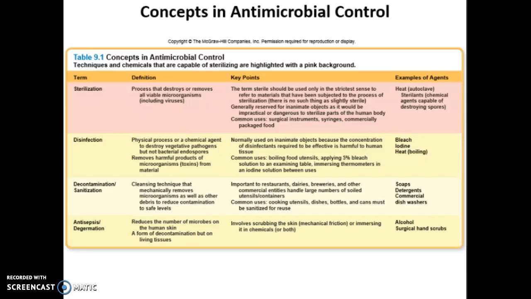All right, not necessarily to sterilize it because disinfection doesn't destroy bacterial endospores. So it can also play a role in removing harmful products of microorganisms such as toxins. And some examples of this are going to be bleach, iodine, heating in the form of boiling. And for disinfection, you're really looking at inanimate objects because the concentration of the disinfectant, generally a chemical, is going to need to be at a higher concentration than what is safe for human tissue.